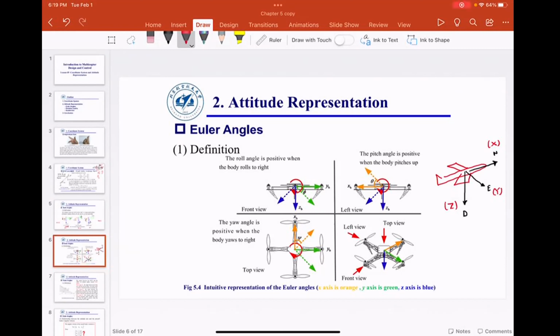Now what we want to see is the rotation angles. So the rotation about down is yaw. So this rotation is yaw. And please note, curl your fingers in the direction of rotation. If your thumb is pointing towards the down axis, that rotation is positive. So this is yaw.